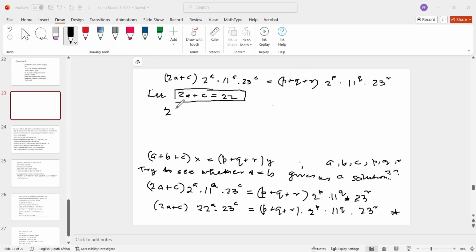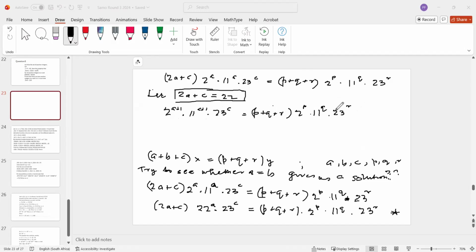So the left-hand side becomes 2 to the a plus 1, 11 to the power of a plus 1, 23 to the power of c equals 2 to the power of p plus q plus r times 2 to the power of p times 11 to the power of q times 23 to the power of r. Now I got this thing factorized as a product of prime numbers.